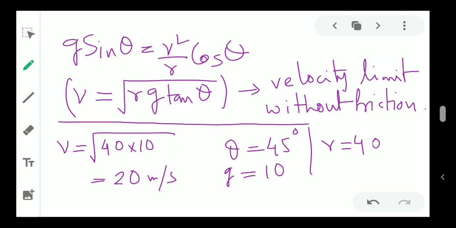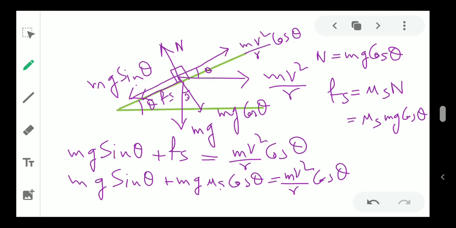And in case of bending, that's why you have to go slow in order not to slip away. So this much is a very important aspect of friction, that is regarding bending. And we can do many kinds of problems regarding friction.